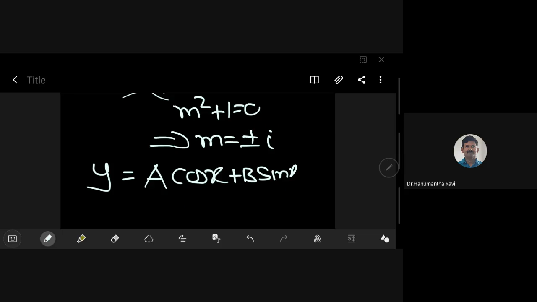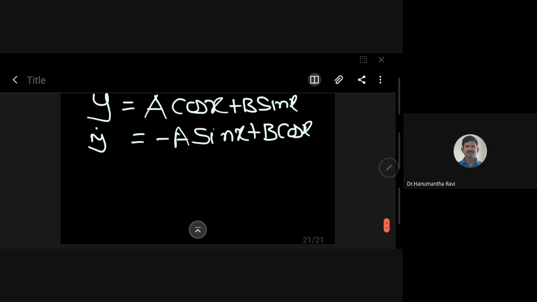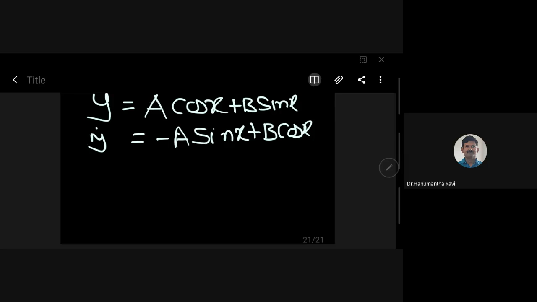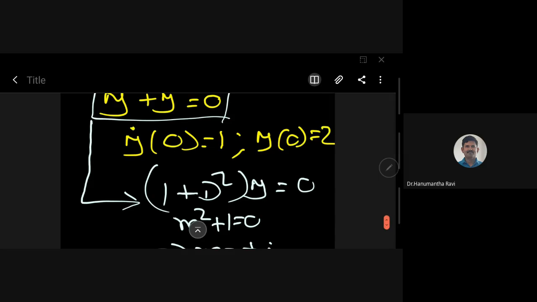Now see what he is doing. He is calculating y dot. Y dot means y dash. Y dot is minus a sin x plus b cos x. See what is given here: y dot 0 is 1.